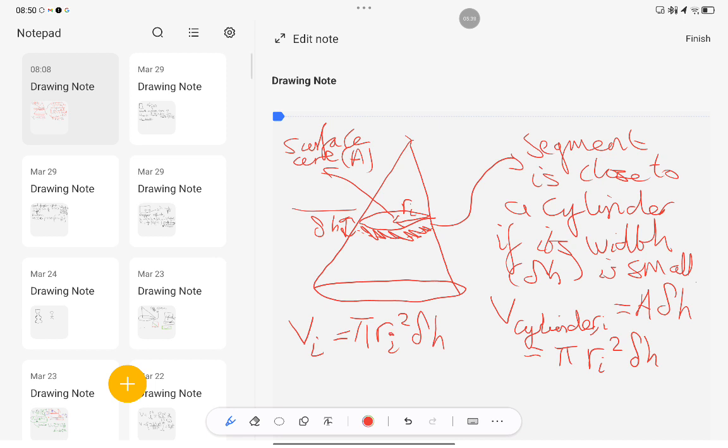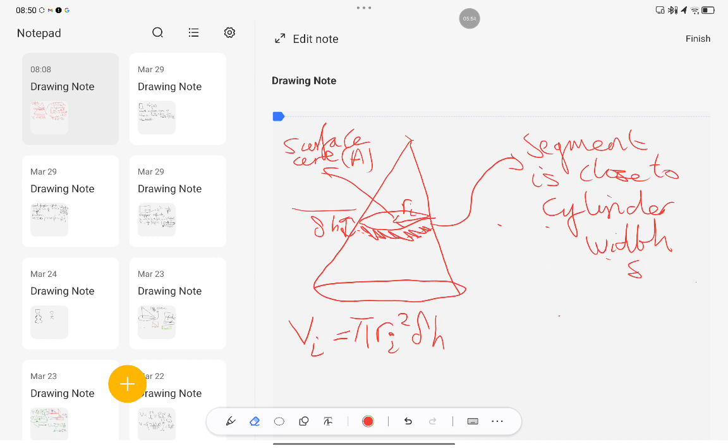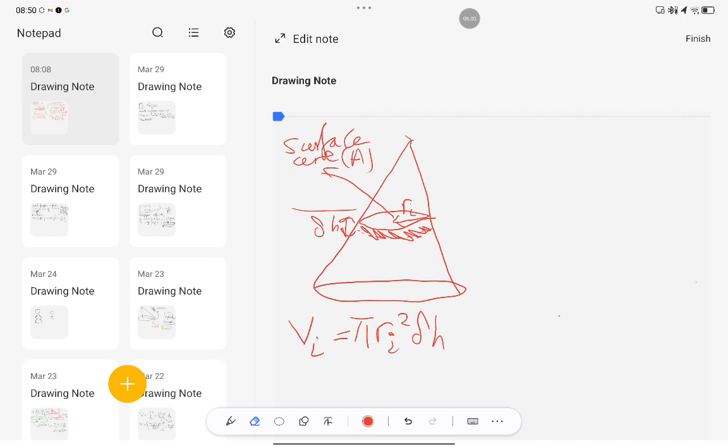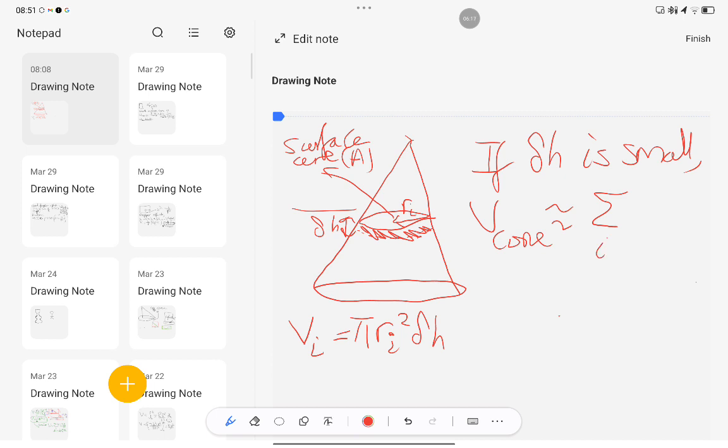Now, we can get the volume of our cone by essentially summing up the volumes of our cylindrical segments, or nearly cylindrical segments. So we can say that if the width of a segment is small, then the volume of our cone is approximately equal to the sum of all our cylindrical segments.